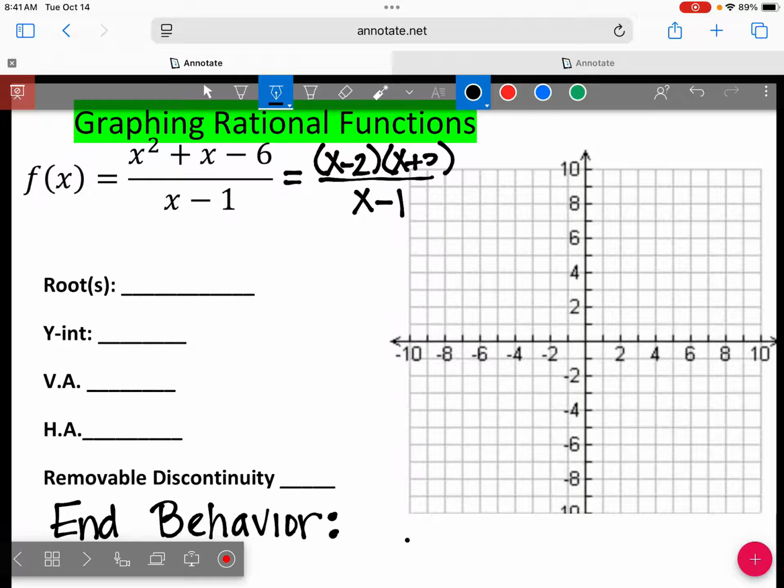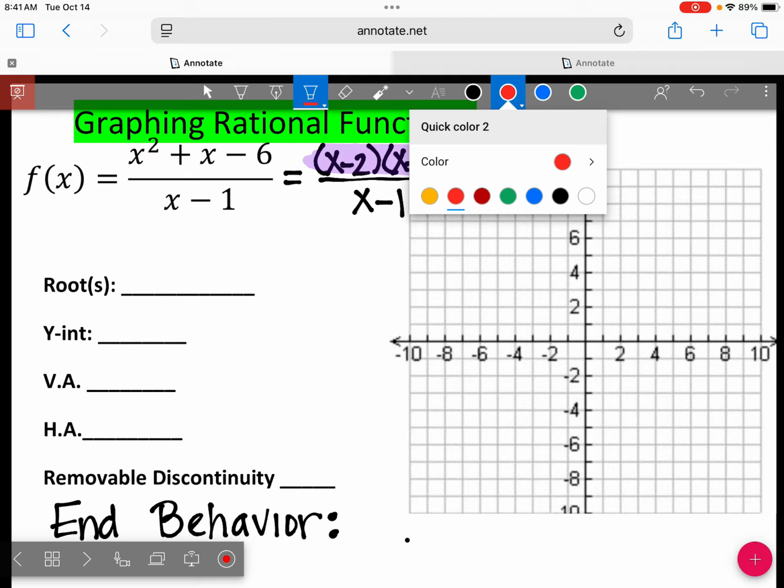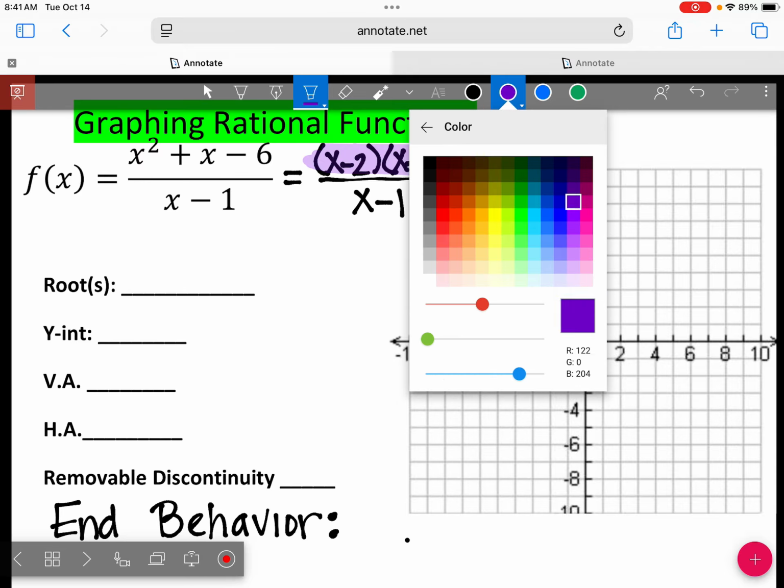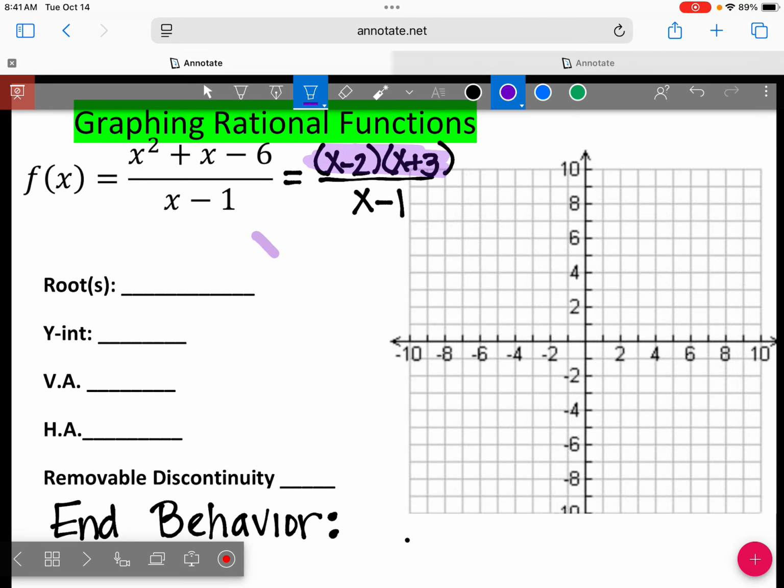So this time when I'm finding my roots, I have 2. We're going to set both of these equal to 0 to find my roots. So that means I have x minus 2 equals 0, which is 2, 0.